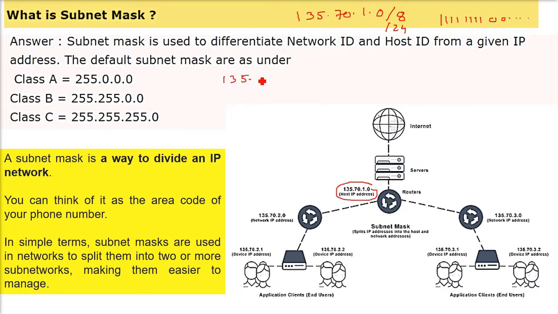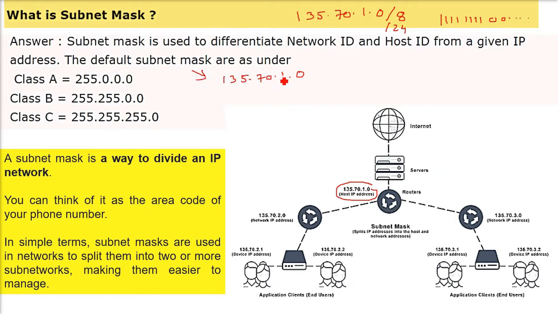Let us say we have an IP 135.70.1.0. Now, how do we know the host ID and the network ID? In order to know the network ID, we use the subnet mask.